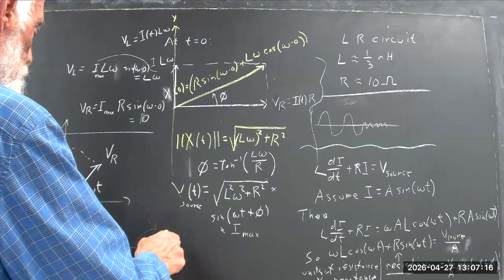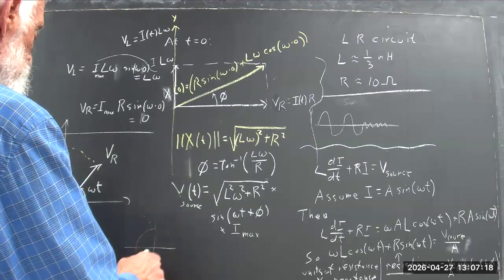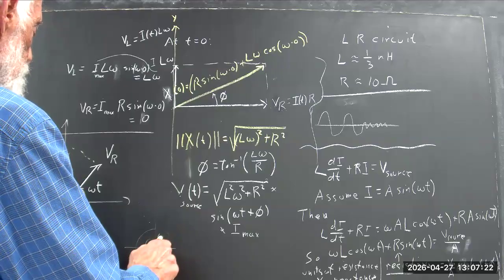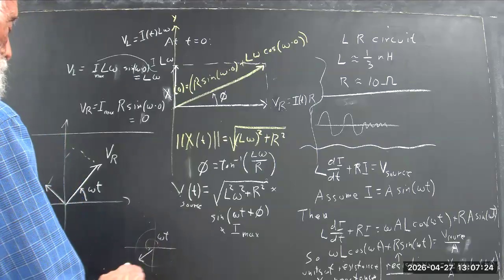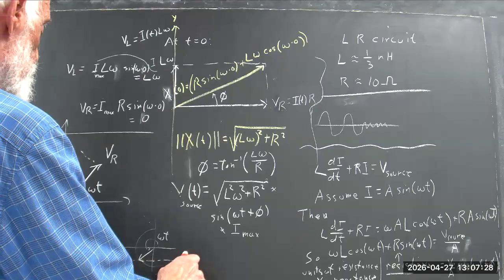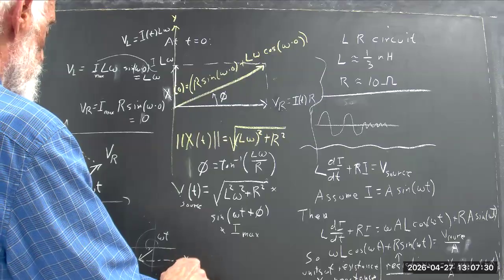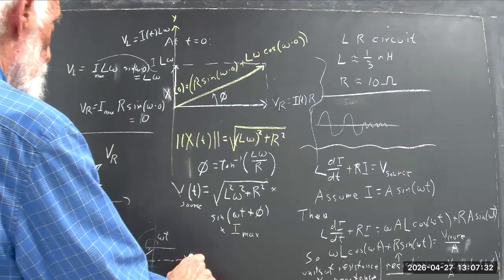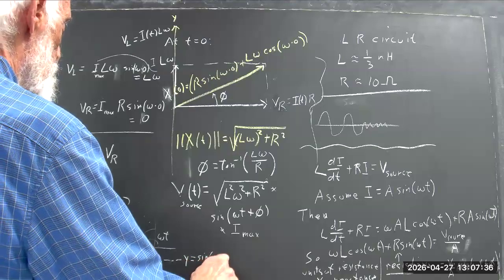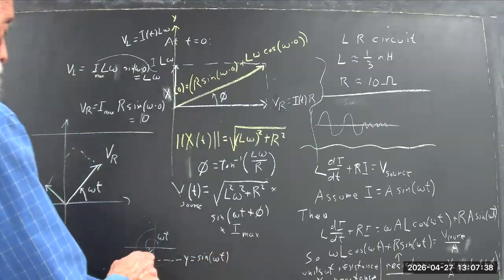So we have, at some time, let's say a different omega t, but here's an omega t. The y coordinate here is a sine of omega t.